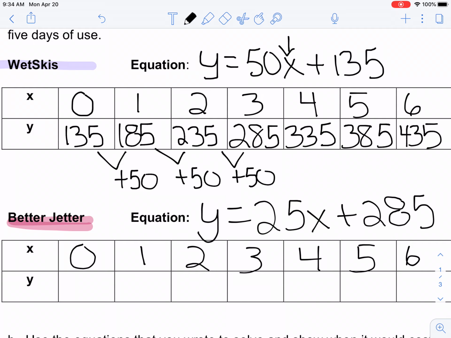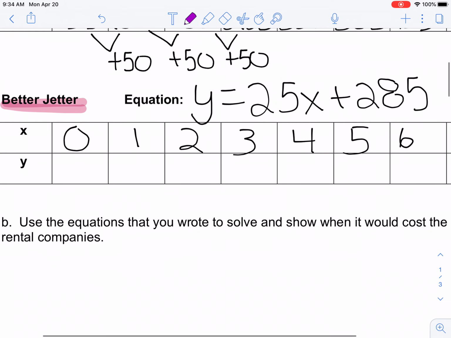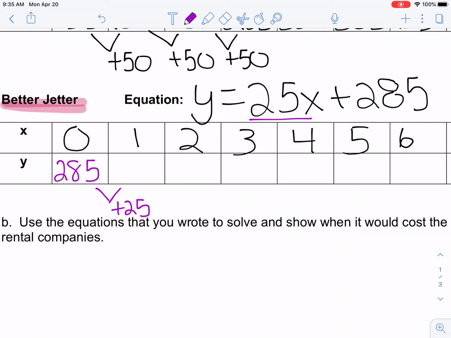Okay, we're going to do the same thing for the other table. And same thing. Our deposit's $285. So I need to put that down before I can rent for a day. And then each day this time is only going to increase by 25. So going across the table, we're just going to be adding 25 each time.